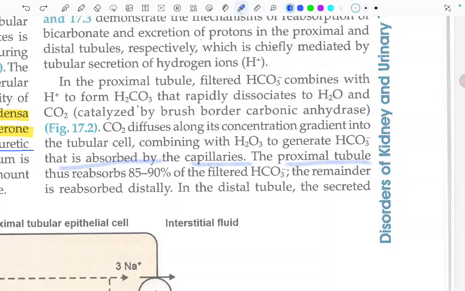The proximal tubule thus reabsorbs 85 to 90% of the filtered bicarbonate. The remainder is reabsorbed distally.